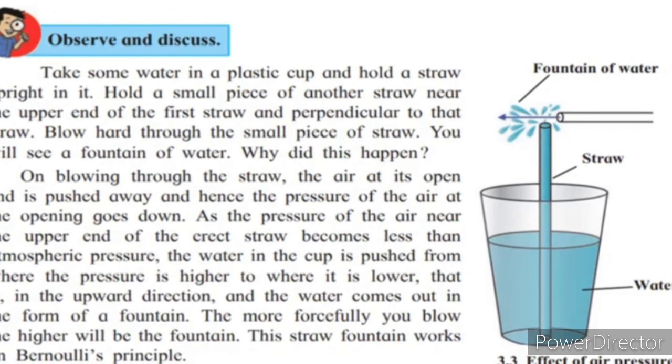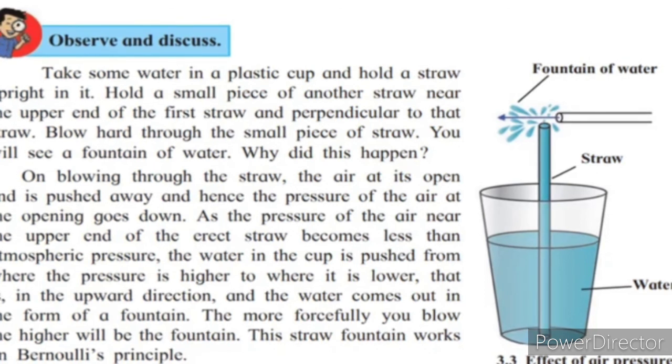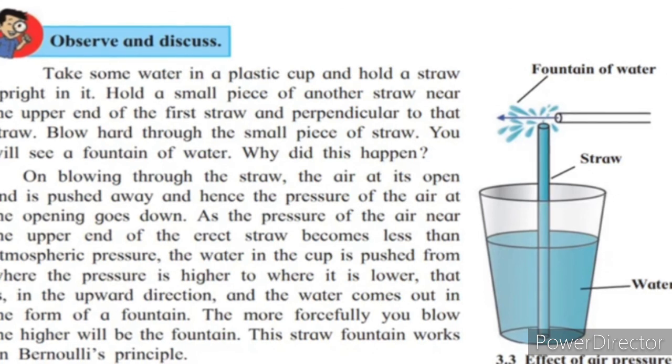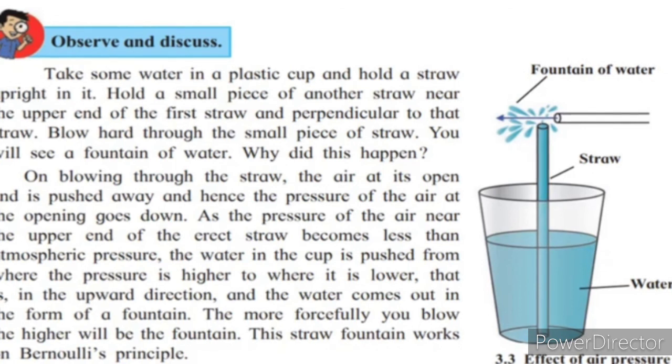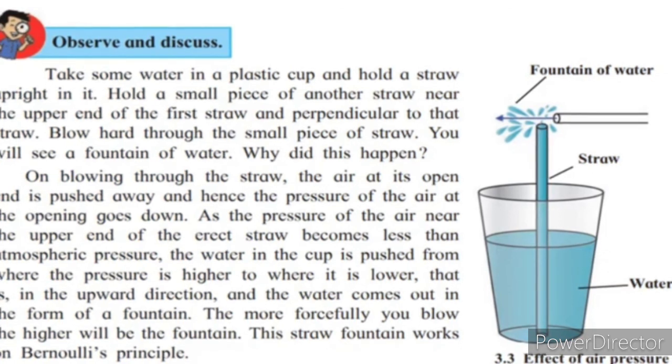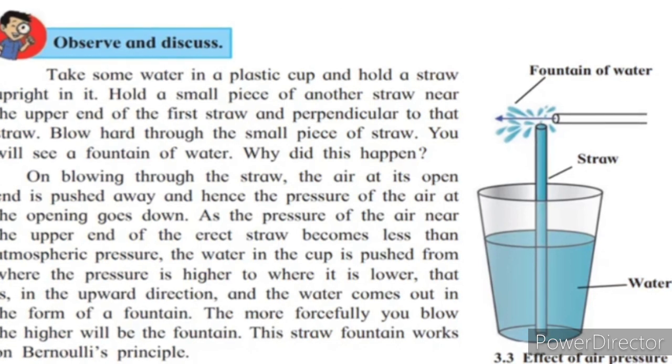So water will rise into the straw, and as the pressure of the air near the upper end of the erect straw, means straight straw, becomes less than the atmospheric pressure, the water in the cup is pushed from where the pressure is higher to where the pressure is lower.